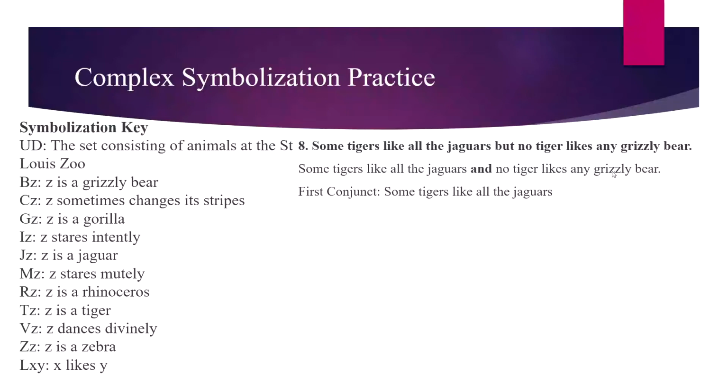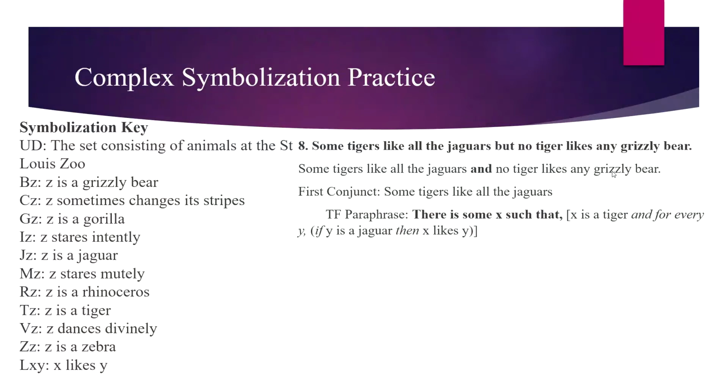And because we know that, we can think about this as a conjunction and get the paraphrase. There is some X such that X is a tiger, and for every Y, if Y is a jaguar, then X likes Y, right? That second conjunct in there is just that likes all the jaguars. So we need to say, if something's a jaguar, then it's liked by this tiger, right?